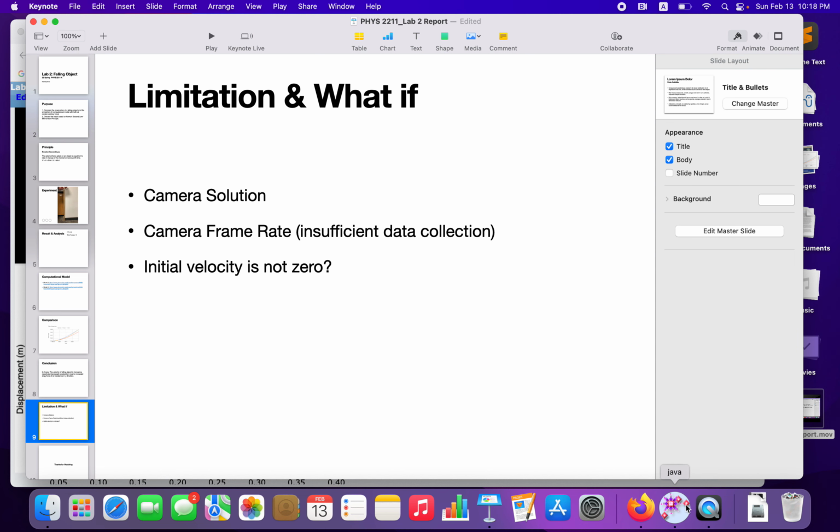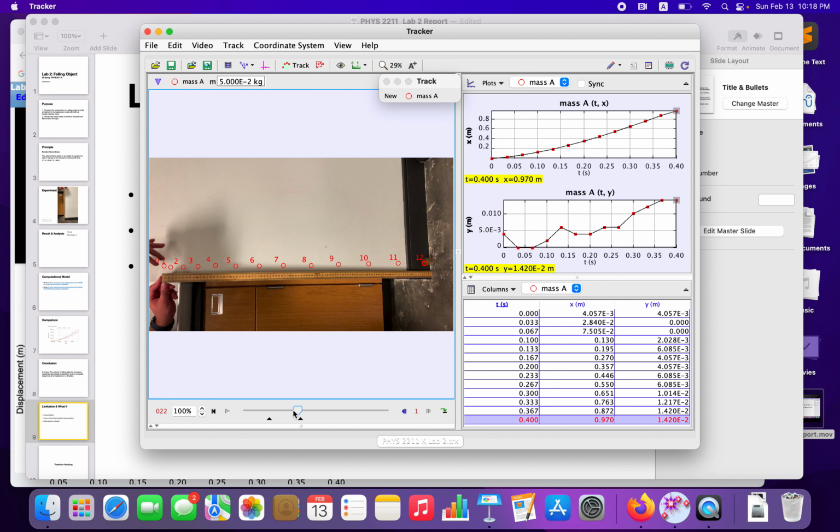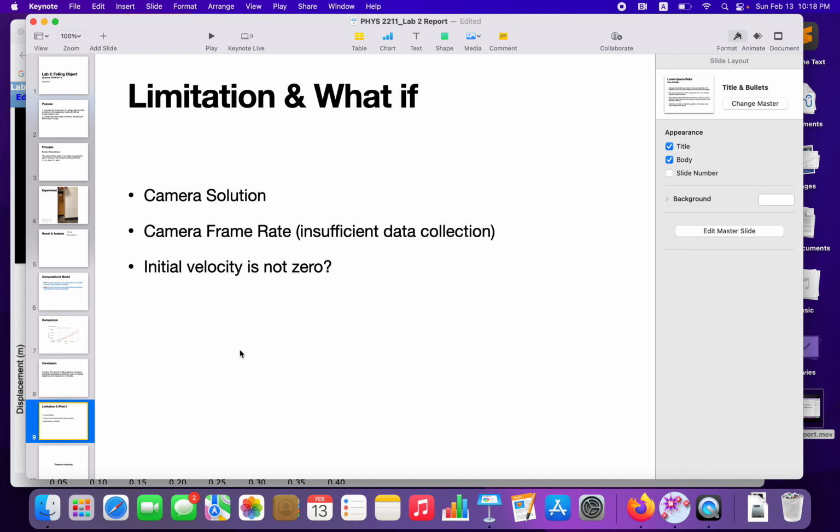As you can see in the video, the image is really blurry, so we really cannot decide which position is the center of mass. We also need to improve our frame rate, because then we can collect more data to better estimate the position and the change of the velocity.